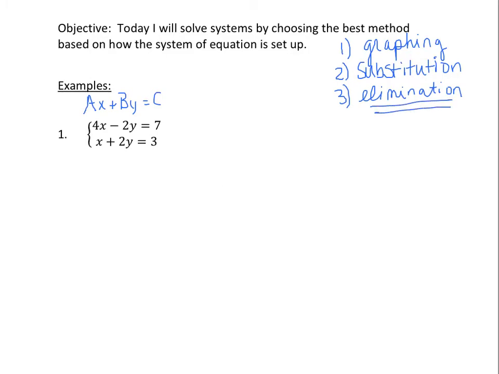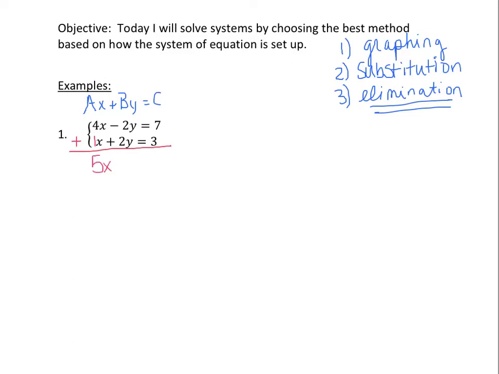Let's see if I add these two equations together, could one of my variables cancel? And hopefully you'll notice that the y's, when I add these two together, I get negative 2y plus 2y. That's going to give me 0, and they are going to cancel. So let's go ahead and do that. We're going to add these two equations together. So 4x plus 1x, because remember we assume that there's a 1 there, that's going to give me 5x.